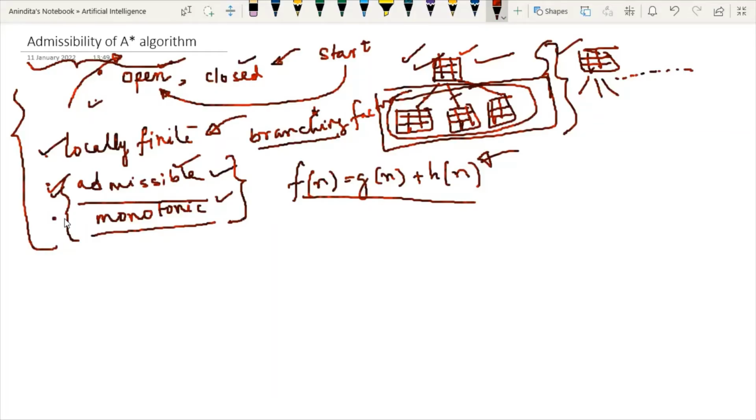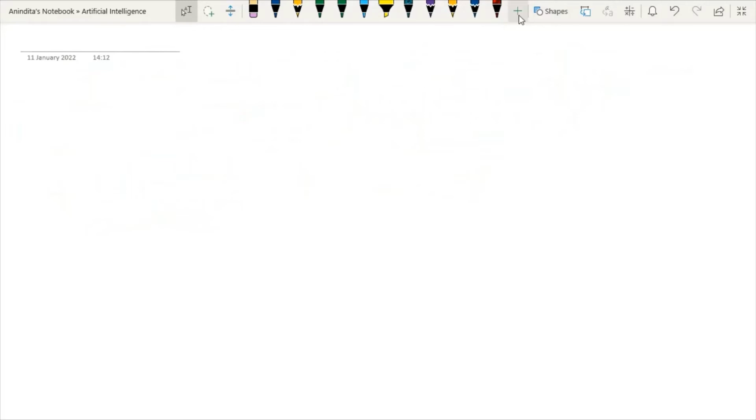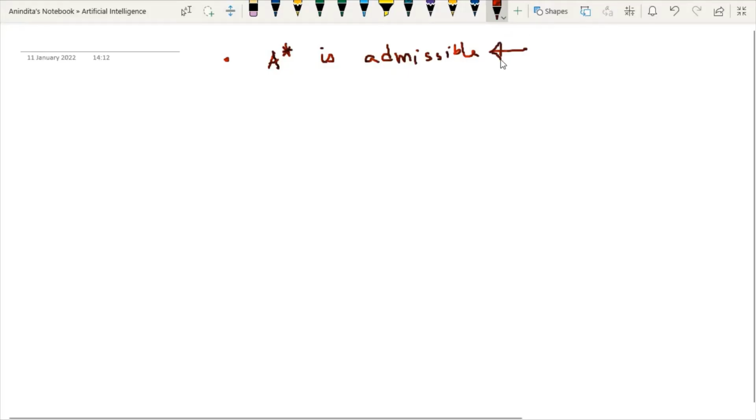So now let's consider the first term, that is, the admissibility of the A star algorithm. How can we prove it? The first thing you have to remember is that the A star algorithm is admissible if it uses monotone heuristics.